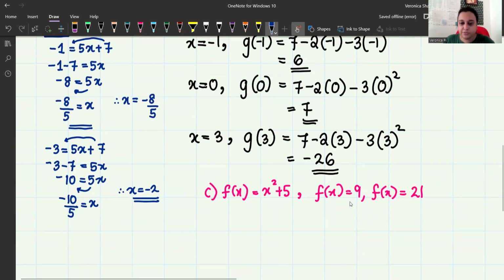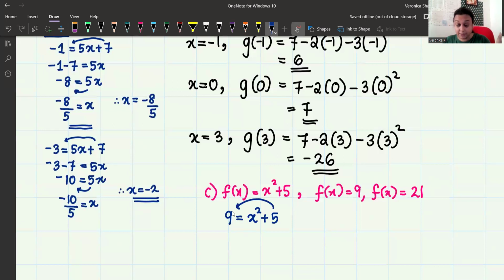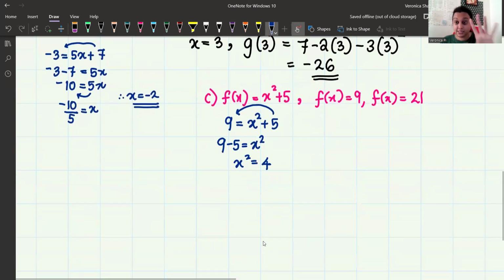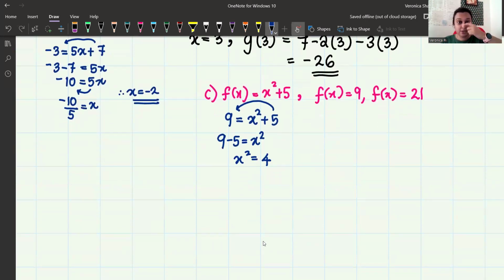So we do the first one. We take 9 equals x squared plus 5. Move the 5 to the front, so it becomes minus. So 9 minus 5, correct? Here, what do you get? 4. Now see this carefully. This is the part where some students feel confused already, correct or not? You are supposed to move the power of 2 to the back.